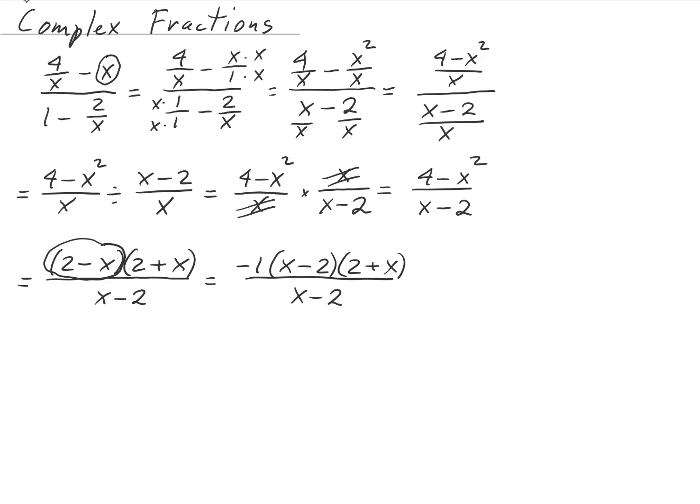Now we can cancel the x minus 2's. And we're left with -1 times 2 plus x. Or if we distribute that -1, we get -2 minus x. And that's the final answer.